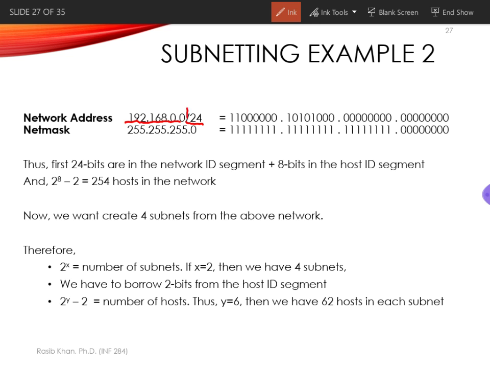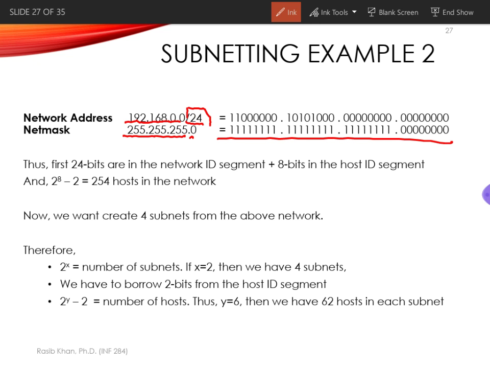So this is a /24 network, which means that the first 3 octets belong to the network ID, and the remaining 1 octet belongs to the host ID part. That is how we look at this IP address here.